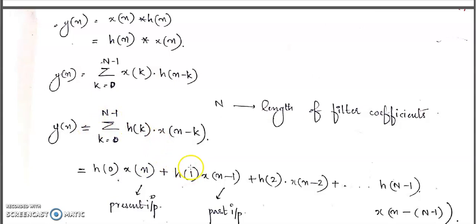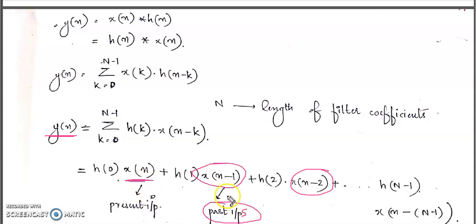Then substitute the remaining values, you will get h of 1 into x of n minus 1. Check the expression: x of n minus 1, x of n minus 2, like that. These are the past inputs. So we can say that the present output depends on the present input and the past inputs.